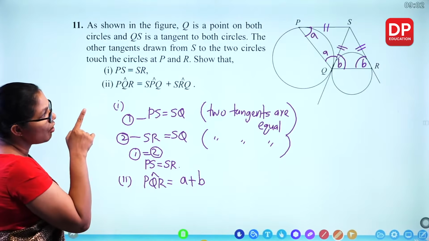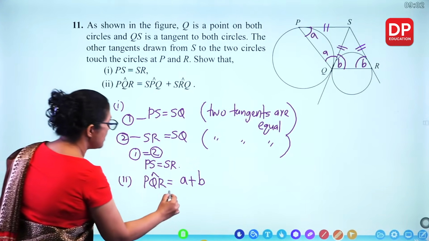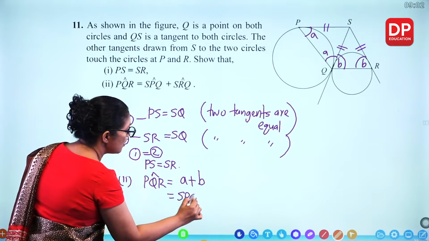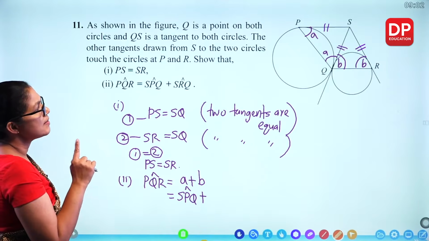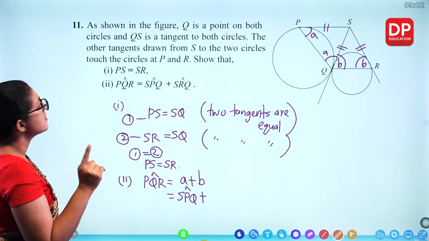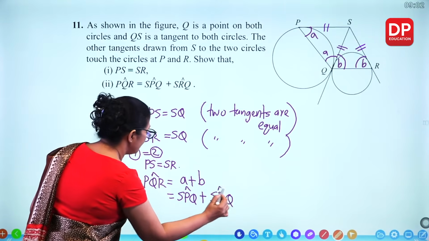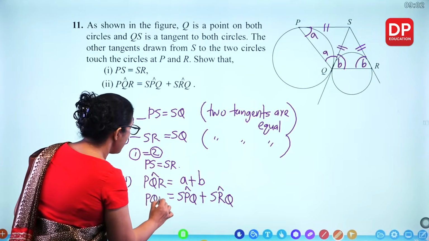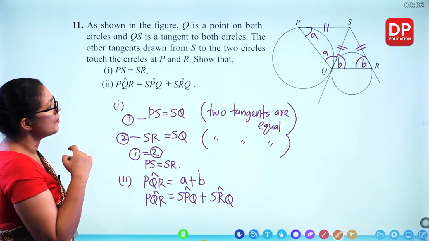What is A? According to the diagram, we can write SPQ instead of A. What's B? Instead of B, we can write SRQ. So PQR, you can write down SPQ plus SRQ.